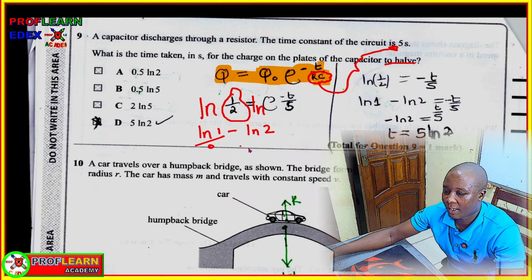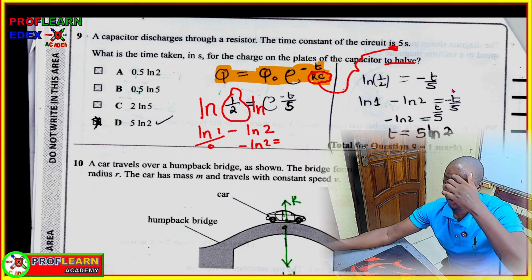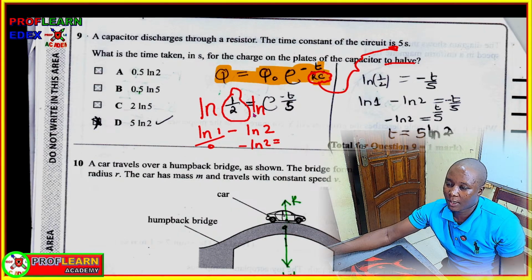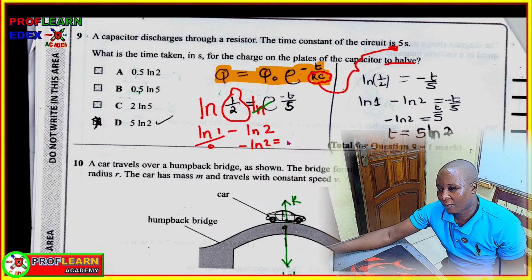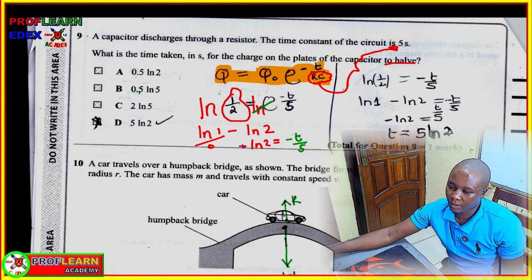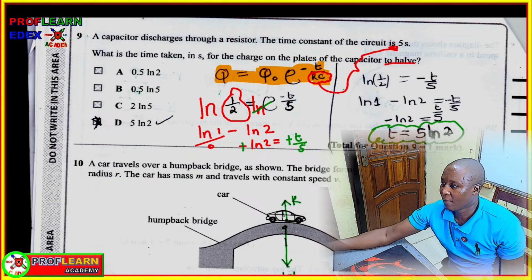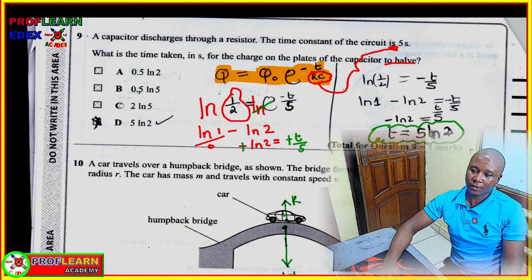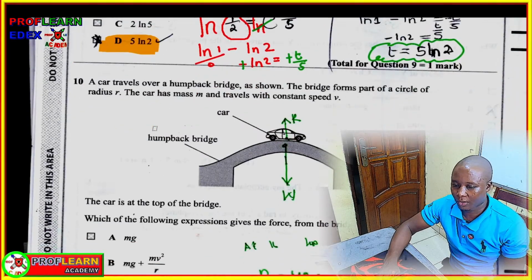So we shall have negative ln of 2 equals the ln of e term. You need to remember from pure math that ln of e is going to cancel out, so we get a 1 there, and we finally have negative t over 5. The negatives cancel, and we shall remain with t equals 5 ln 2. That is the expression they wanted us to show.